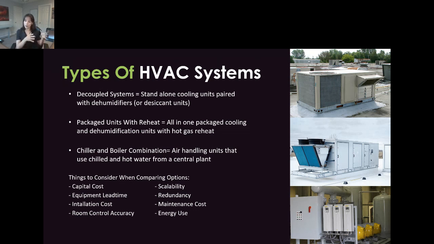So basically you have units on the roof, or wherever they are placed, that are just handling the sensible load, or that heat load in the space. And then you have dehumidifiers running in the space that are handling the dehumidification. Now, the challenge with this is you're trying to balance both pieces of equipment, and it is not the most energy efficient. Upside, it's a lot faster application, but it isn't a true engineered system.